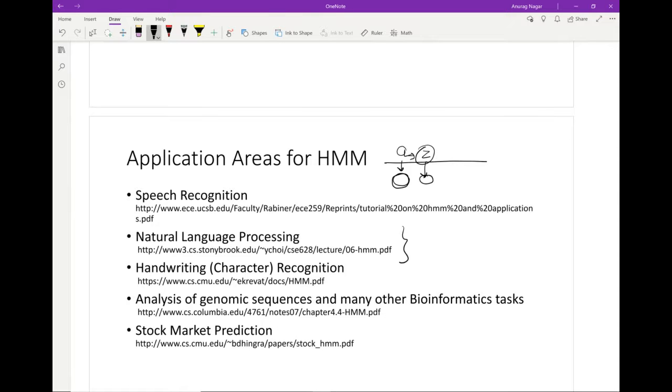NLP, if you take an NLP class, you will see that the first few chapters will be about HMM. Similarly, handwritten recognition: there is the character A, but some people may write it like this, some people write it like this. Similarly, there is B, and some people might write B like this, some people might write B like this, and so on.